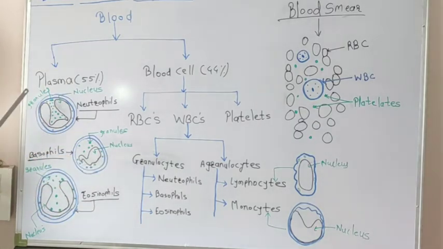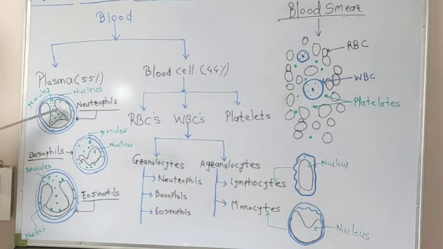First is the neutrophils. You can see this is the diagram of a neutrophil. Here are the granules and the nucleus also. I have told you that each and every type has a different nucleus structure and shape. You can see here the nucleus has a particular structure, and in it granules are present.